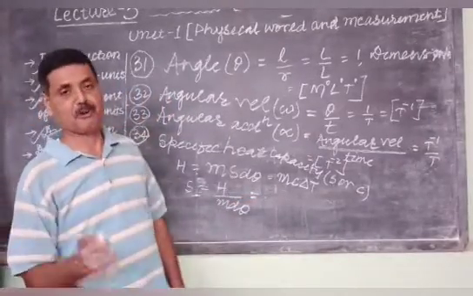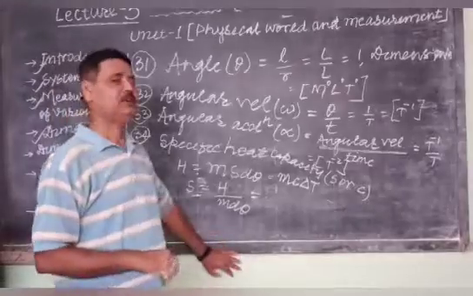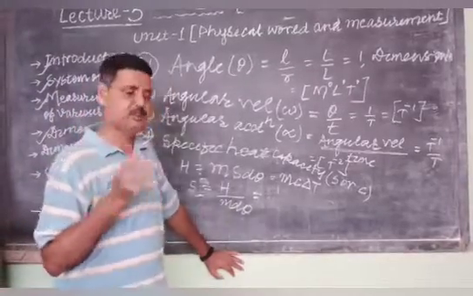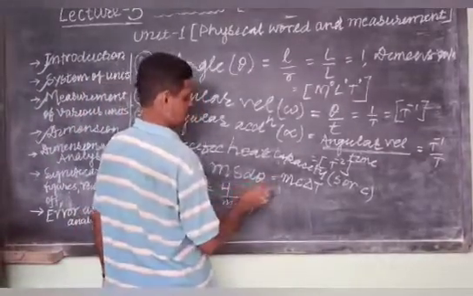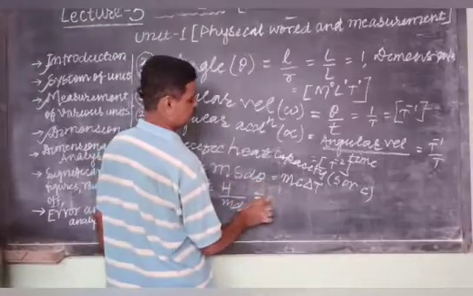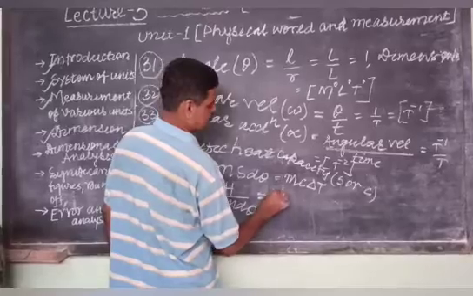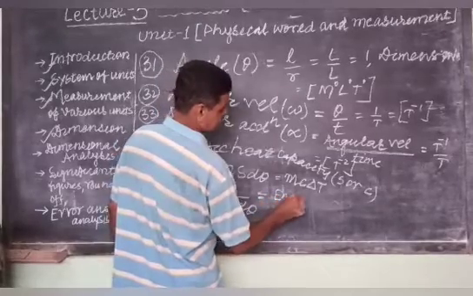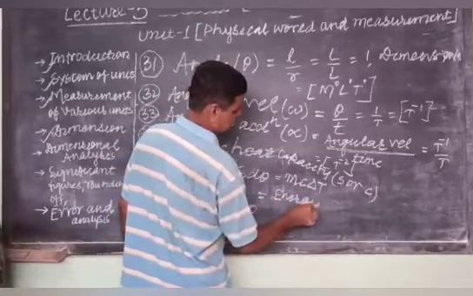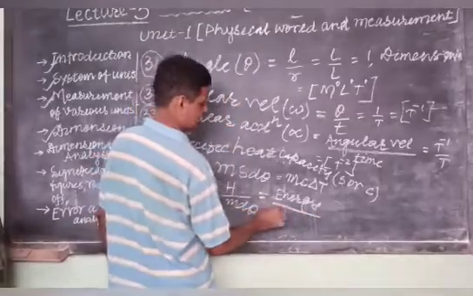H means amount of heat. Heat is a form of energy, so the dimension of heat will be equal to the dimension of energy. Energy is the capacity of doing work, means work done. Mass m.